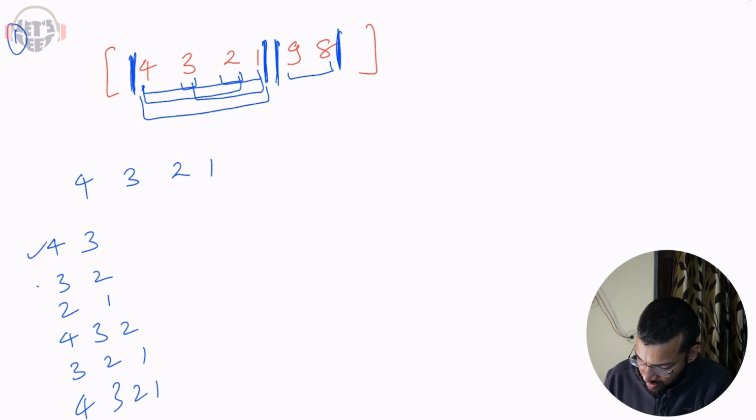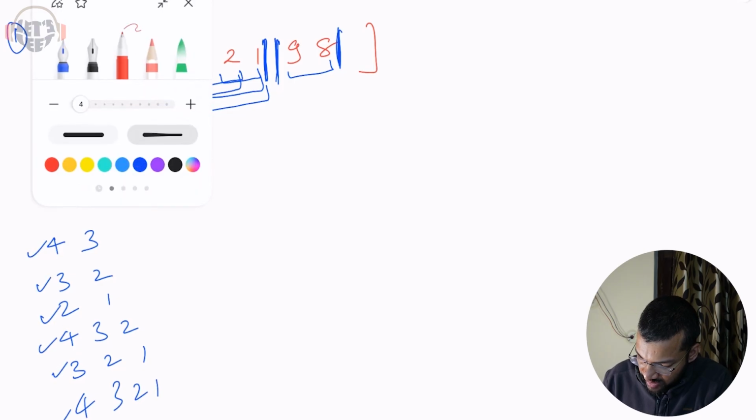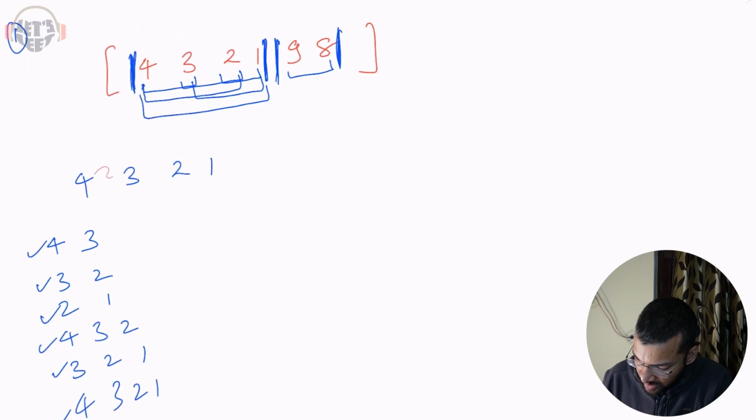That is 1, 2, 3, 4, 5, 6. What I mean to say is, let's say 4, here if you look, 4 can make a group with whom? 4 can be grouped with 3, 4 can be grouped with 3, 2, 4 can be grouped with 4, 3, 2, 1. I mean in total 3 types it can make a group.